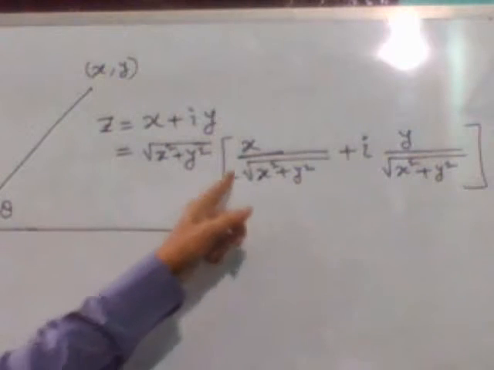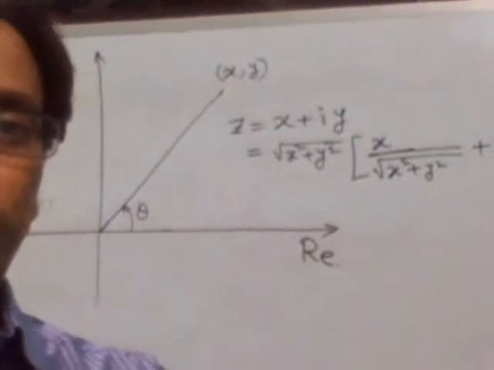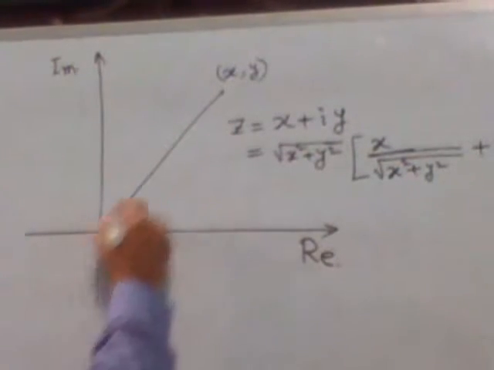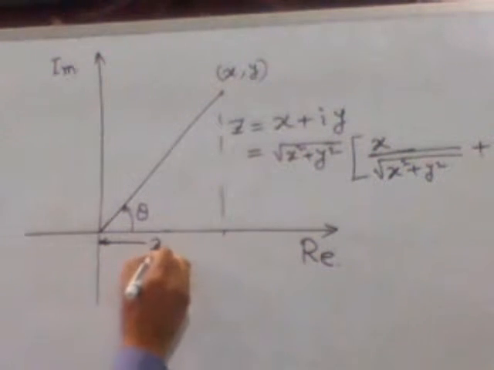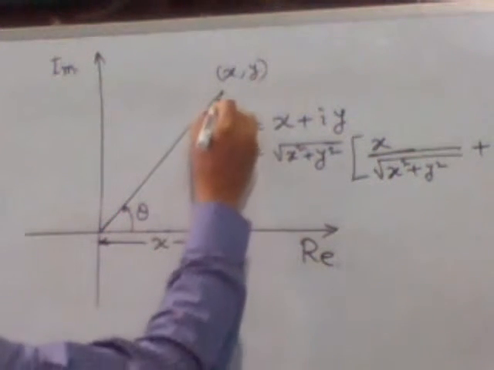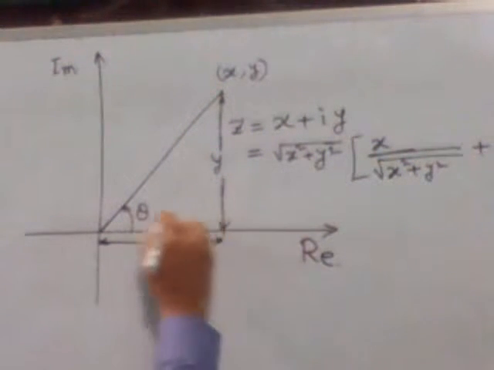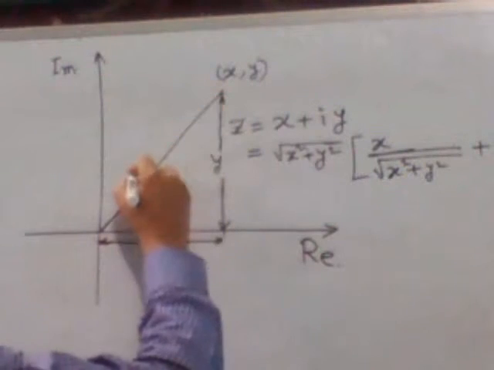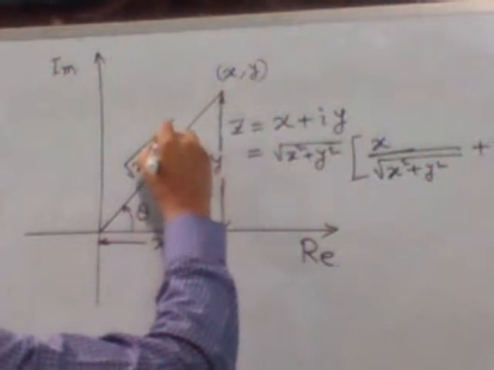Now what is actually root under x square plus y square? From this figure you can see, if this is (x, y), that means this much distance is x and this much distance is y. So this distance is root under x square plus y square.